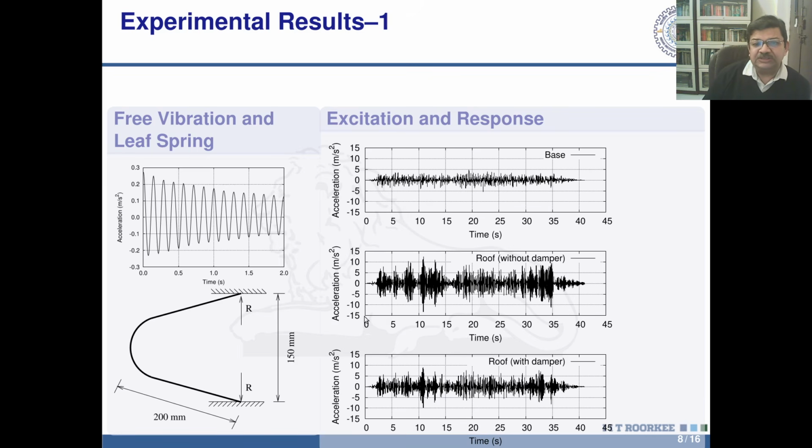So this is the response recorded at the roof without damper, and this is the response at the roof when the damper is installed. You can see the response reduction.